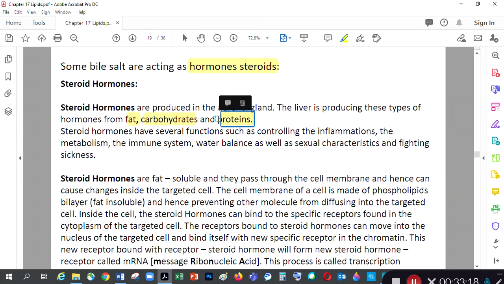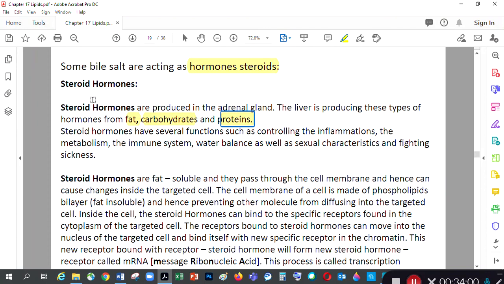The adrenal gland, I think, is on top of the kidney, and hormone steroids are produced in the liver as well. As you will see later on, if you study nursing or anything pre-med, the liver is really a manufacturing plant, a manufacturing unit of a lot of stuff for the body, a lot of hormones, a lot of lipids, all produced inside the liver itself.